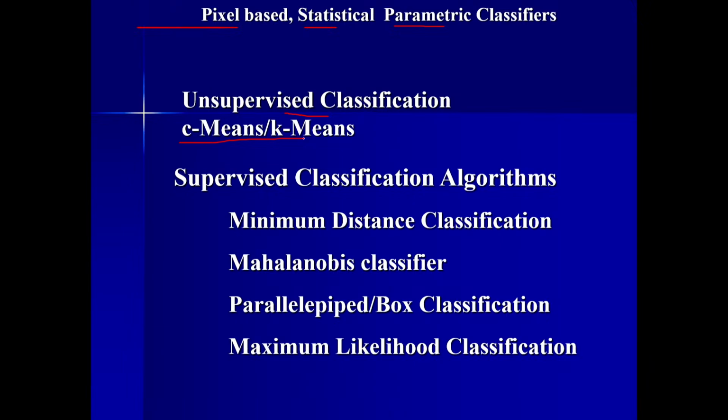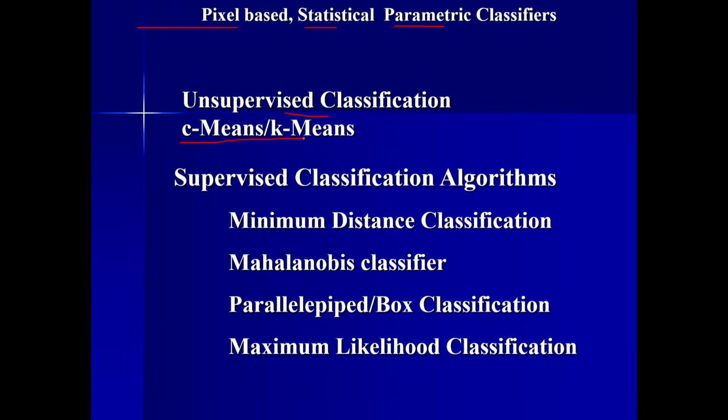The parameters can be the mean, the variance-covariance matrix elements, the minimum and maximum value in each band for the class, maybe the standard deviation, and so forth. As per the requirement, if these parameters appear in the algorithm, we can initialize them through training data, and then it is called supervised classification.